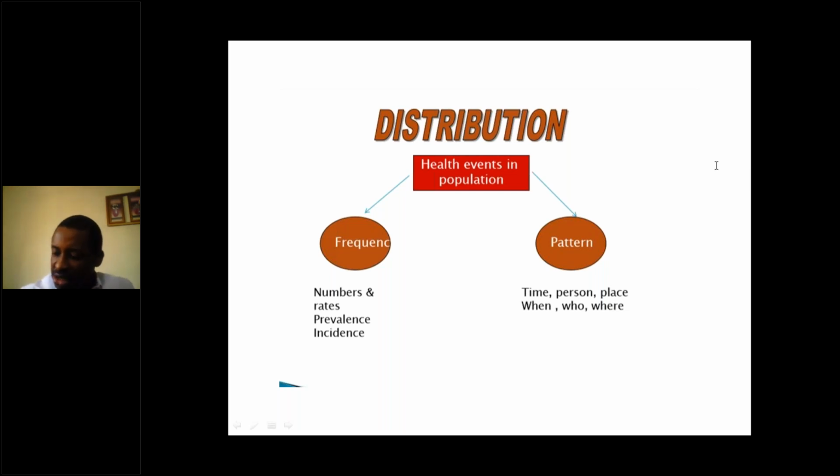The assignment is: evaluate the current pandemic in the light of epidemiology and public health.